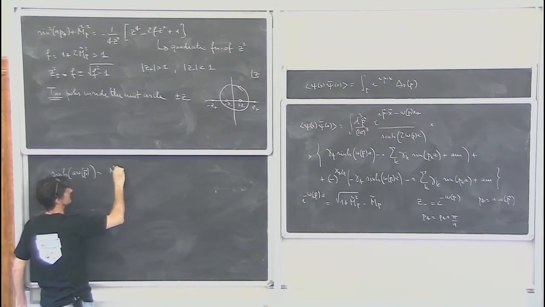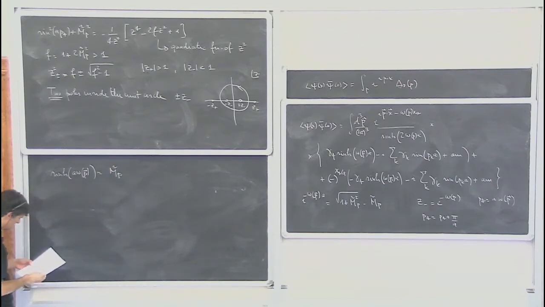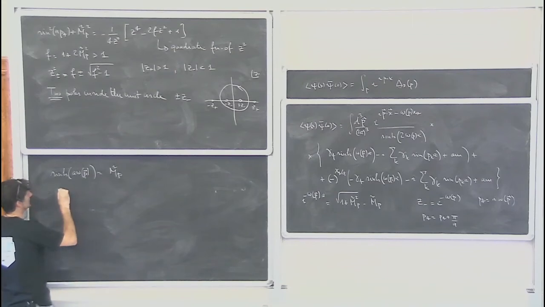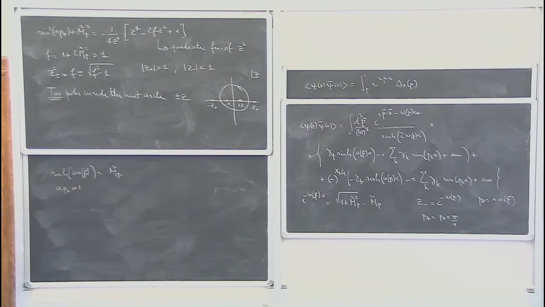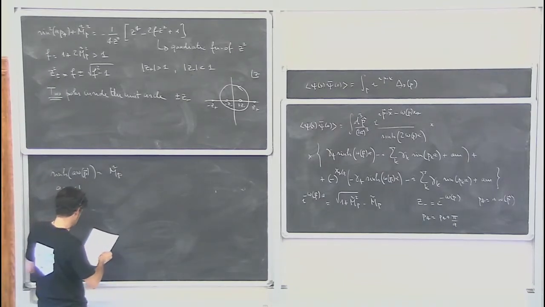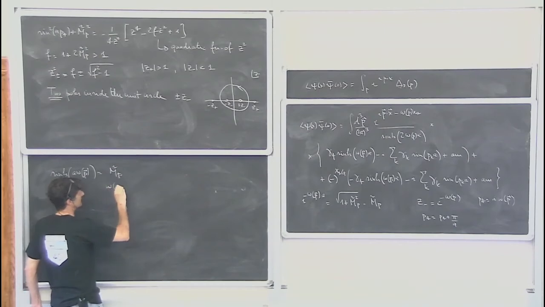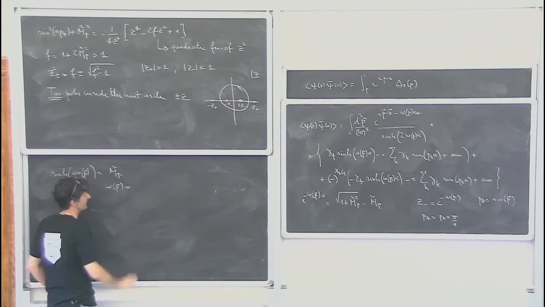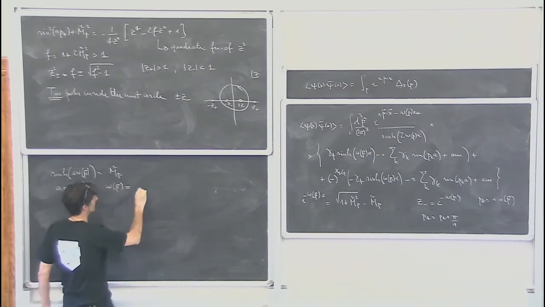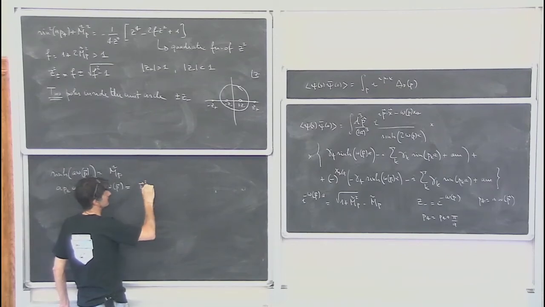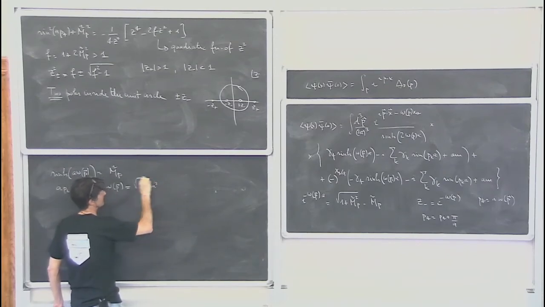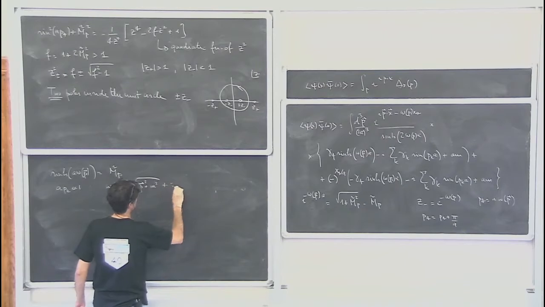Okay? And if you take the limit where all the quantities are small in units of a to the minus 1, you can show that omega_p satisfies the usual relativistic dispersion relation plus corrections.